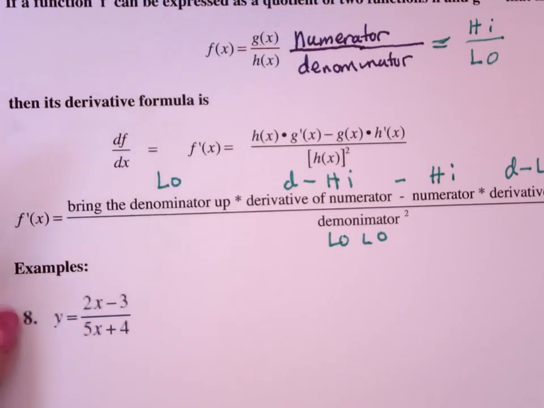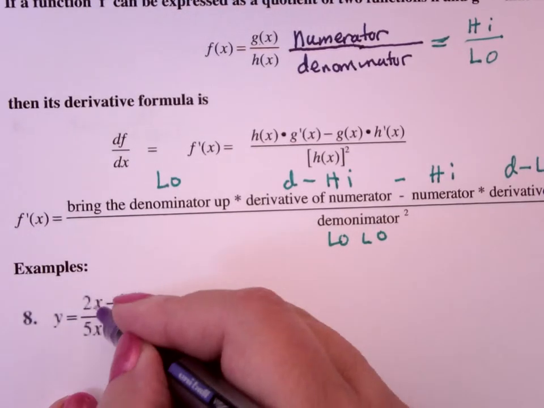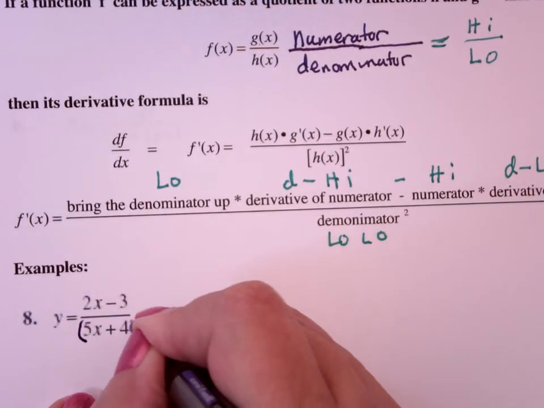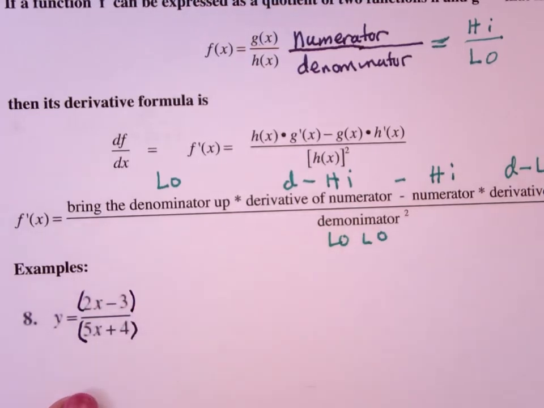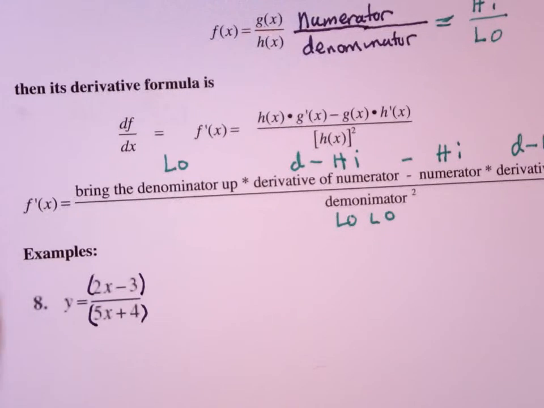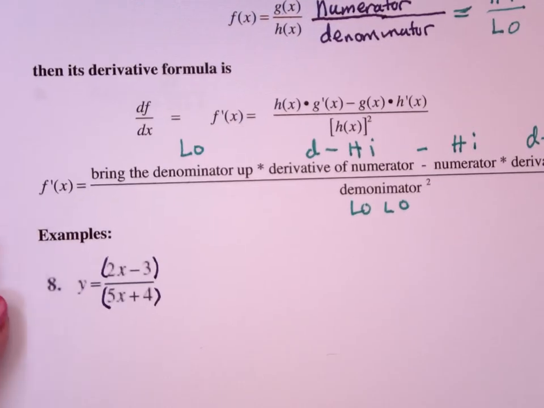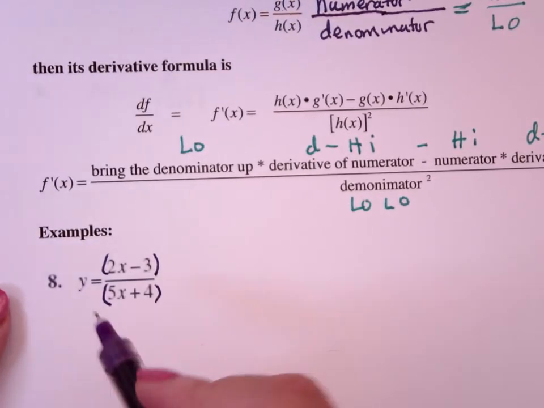Now, here's my example. Here's your numerator, here's your denominator. Remember, these are in parentheses. They're more than one term, so when you differentiate them, you're differentiating that whole set of parentheses.